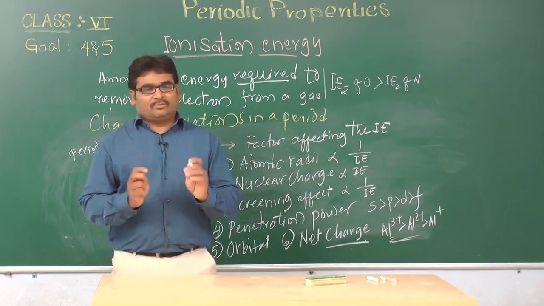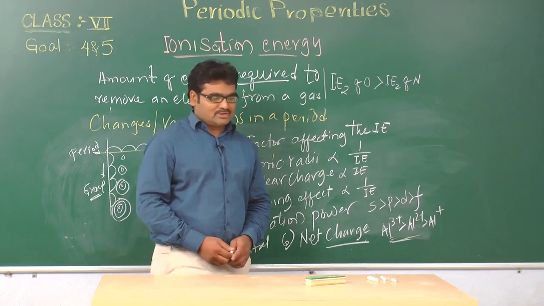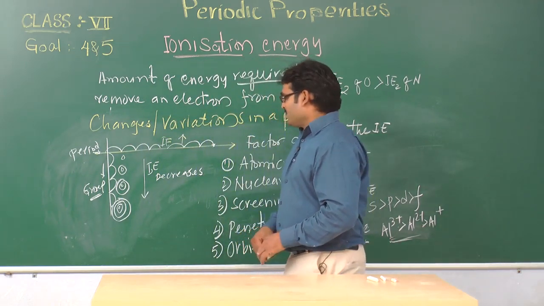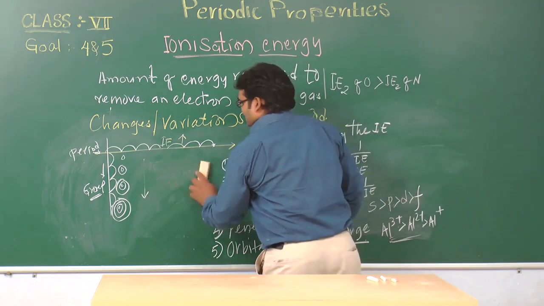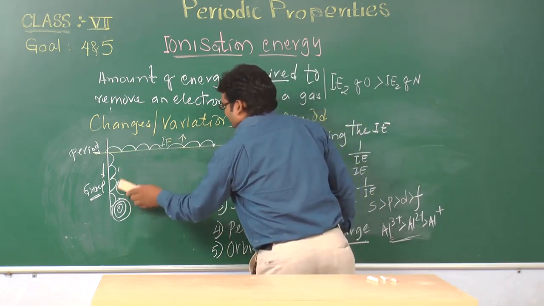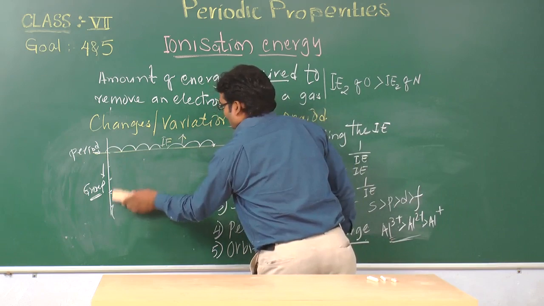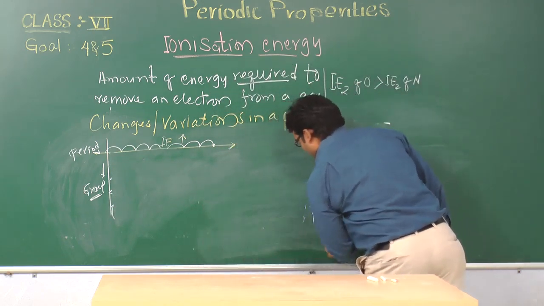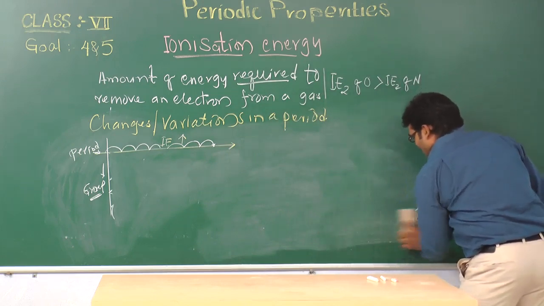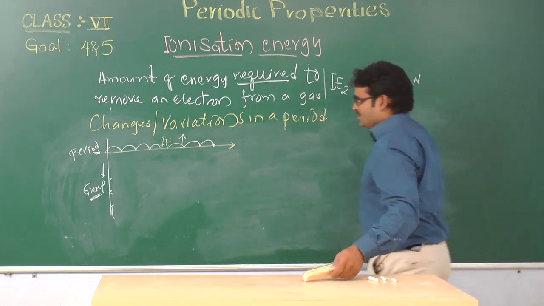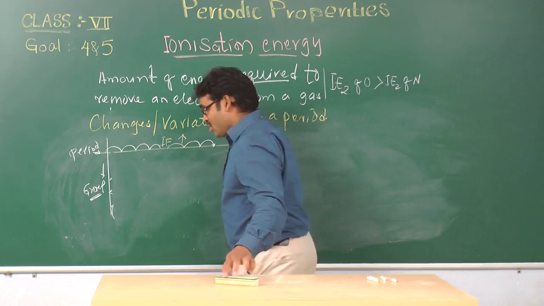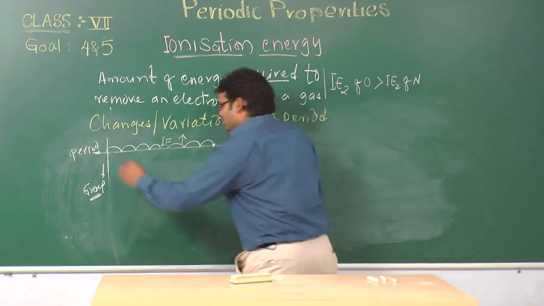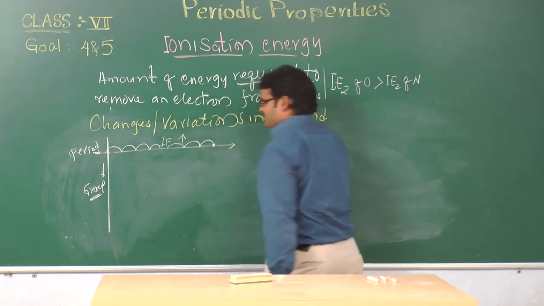Okay. To conclude, we will take one example across the period and down the group and see how these factors are affecting. We will take the example of the first group elements down the group, and across a period.